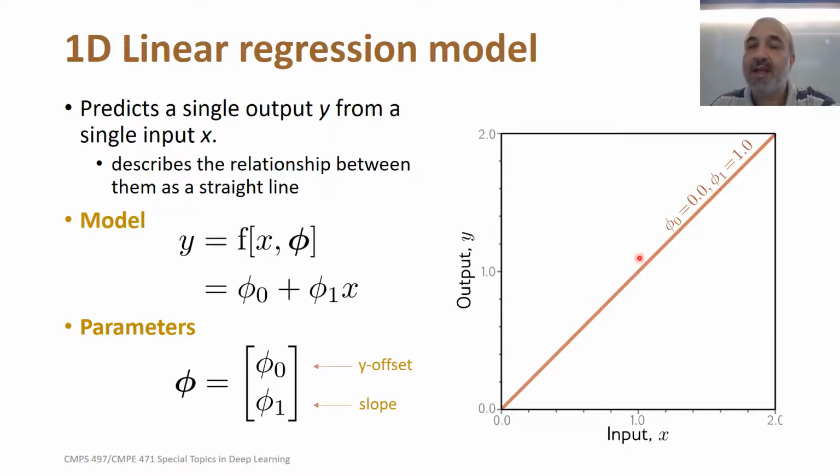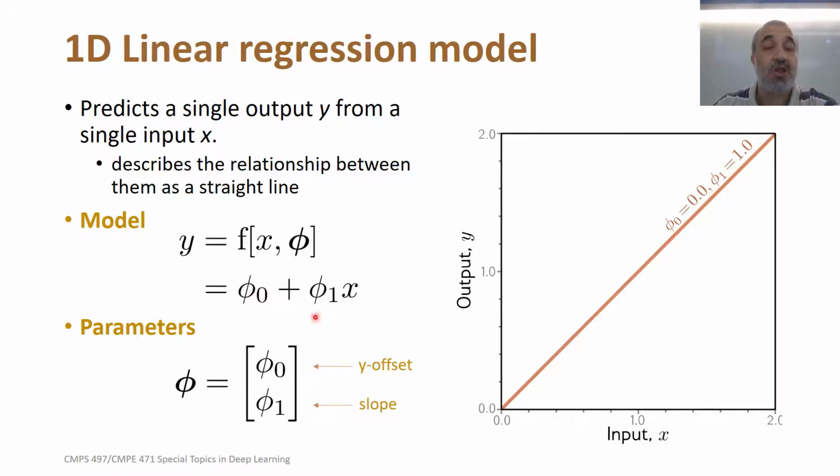And here is one example line. With this line, phi 0 is 0, so the intercept with the y-axis is 0, and phi 1 is 1, which means that the slope is 1, which is 45 degrees.